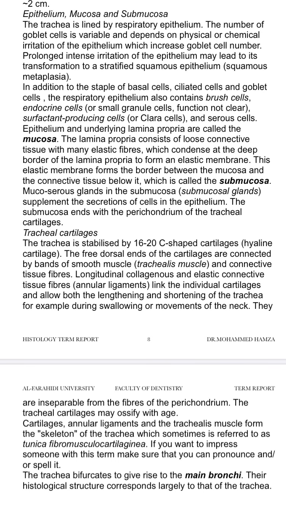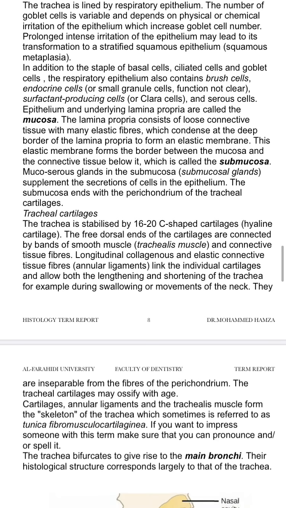The tracheal cartilage. The trachea is stabilized by 16 to 20 C-shaped cartilages, which are hyaline cartilage, and the free dorsal ends of the cartilages are connected by bands of smooth muscle, which is called the tracheal muscle. In addition to the smooth muscle, we also have longitudinal collagenous and elastic connective tissue fibers, which are called the annular ligament, lying between the individual cartilages and allowing both lengthening and shortening of the trachea, for example, during swallowing or movement of the neck.